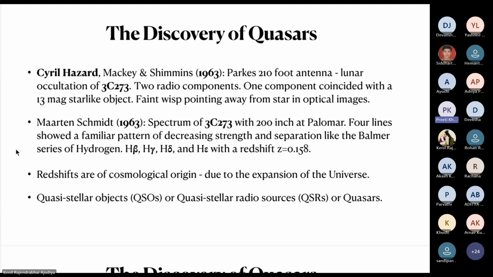So what they identified was the H beta, H gamma, H delta, and H epsilon lines at a redshift of 0.158. I'll show you the spectrum in the next slide.